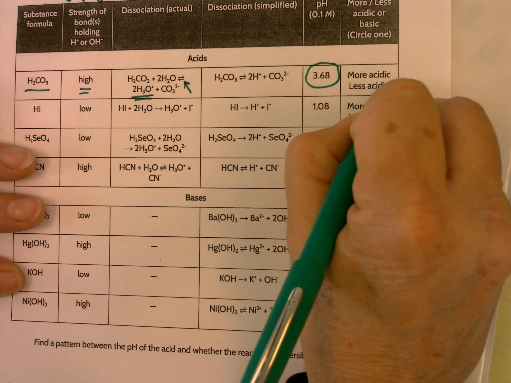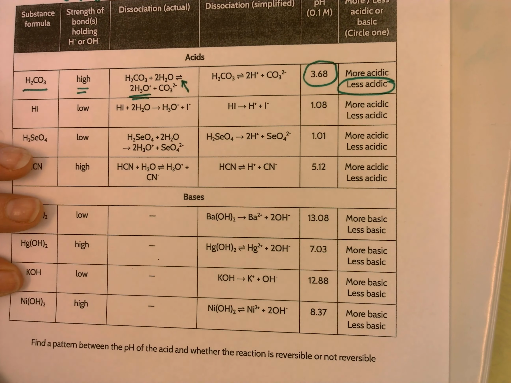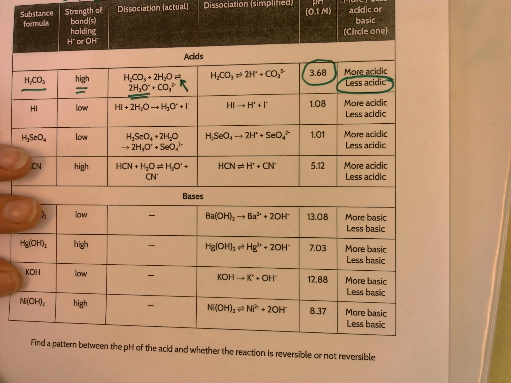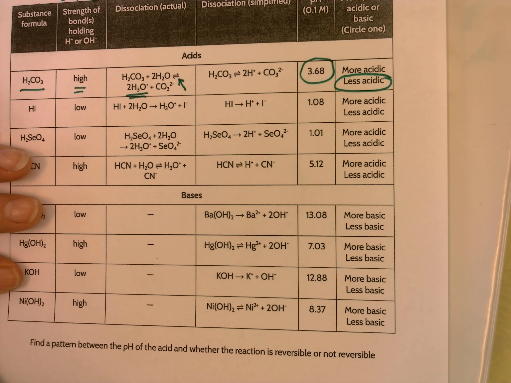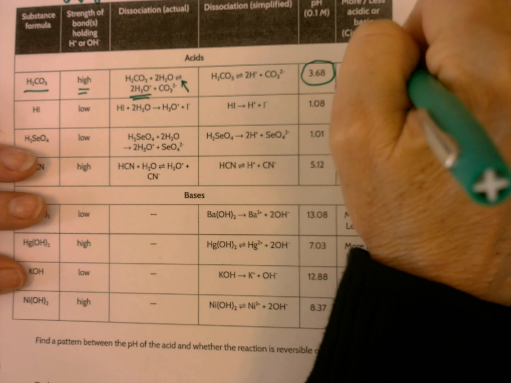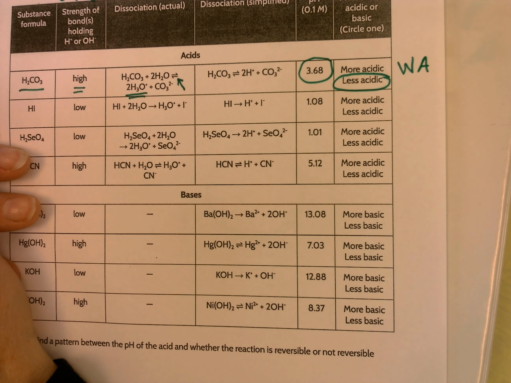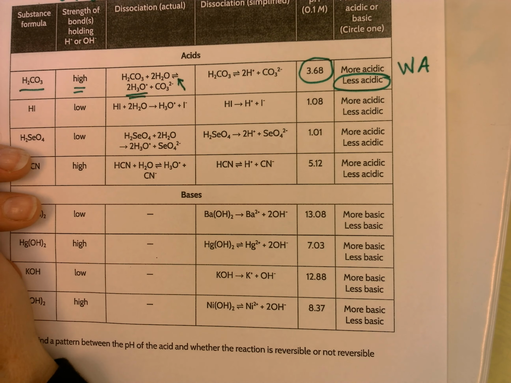So we would call this a less acidic particle, right? Because it's not dumping those hydrogens in. And we would label this as a weak acid, because that carbonate is going to pull those hydrogens back. All right?